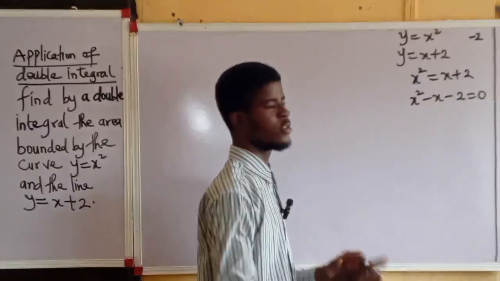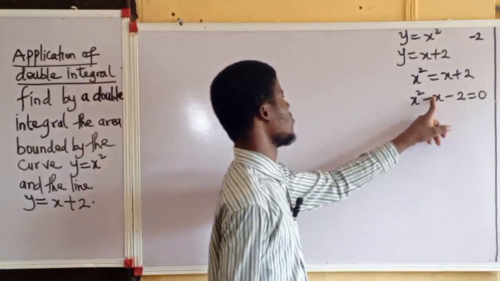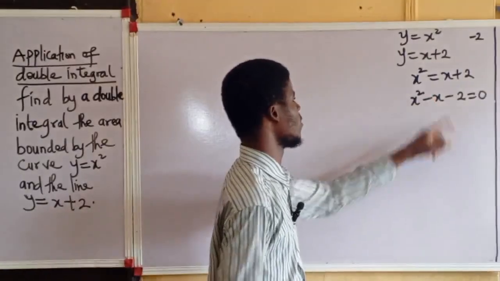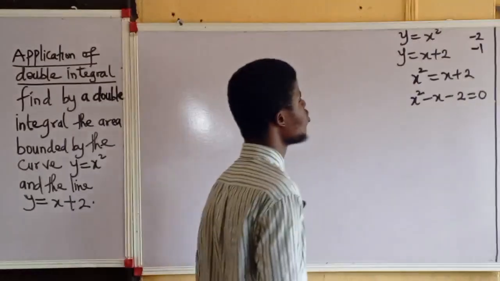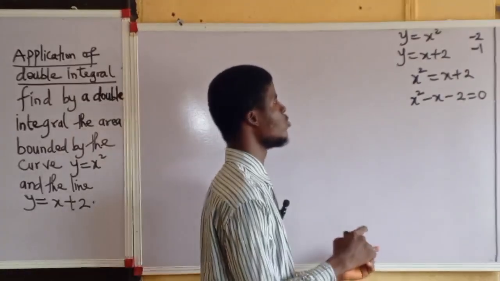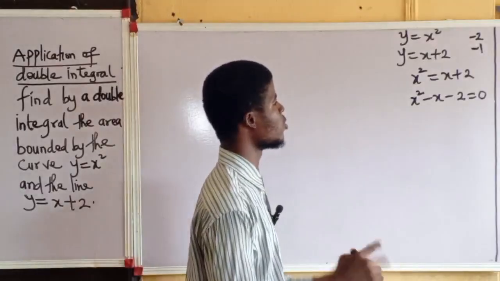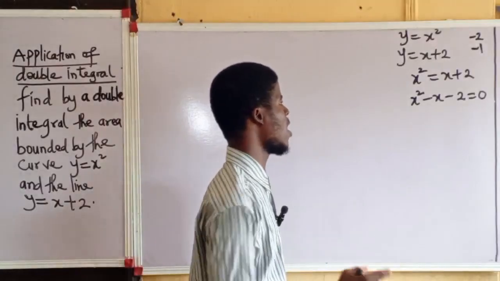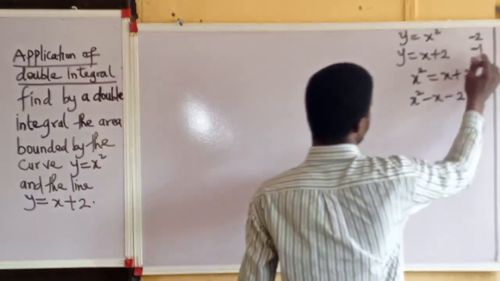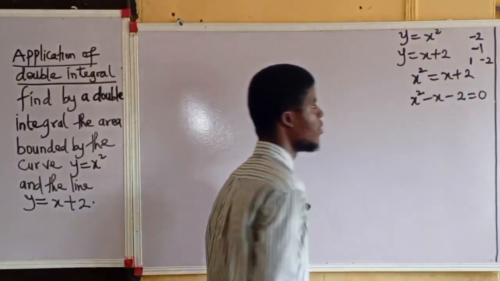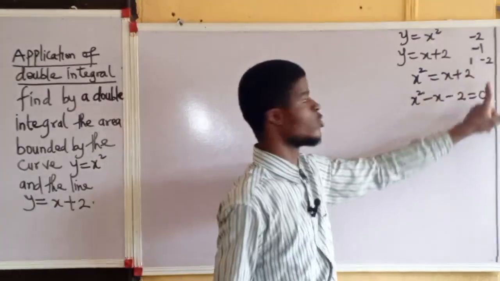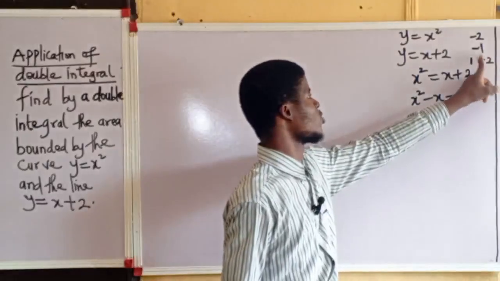And the same two numbers when added give minus 1, which is the coefficient of x. The numbers are positive 1 and negative 2, because 1 times minus 2 is minus 2, and 1 plus minus 2 is minus 1.